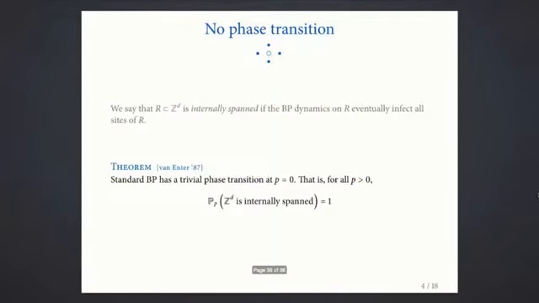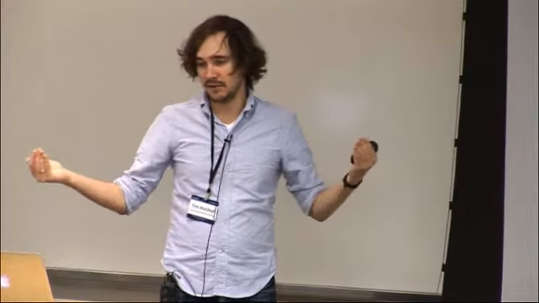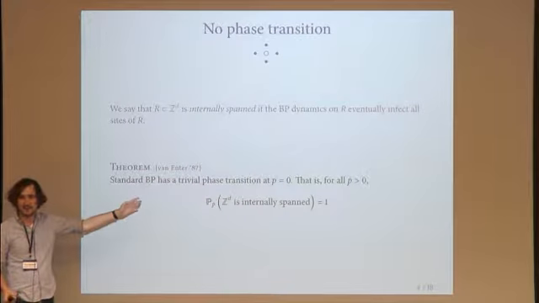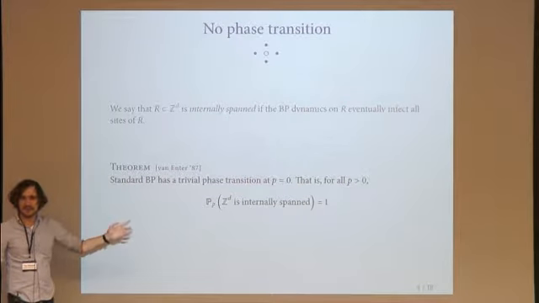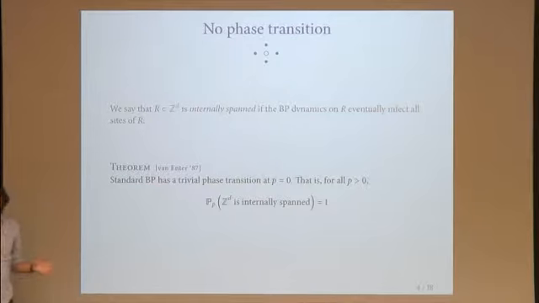Okay. So one feature that is fairly easy to see about these two models, for the standard model, but this also holds for the anisotropic model, is that if you take the whole plane Z^d, any p larger than 0 will fill it up. We call this internally spanned. That will later be a more relevant statement.